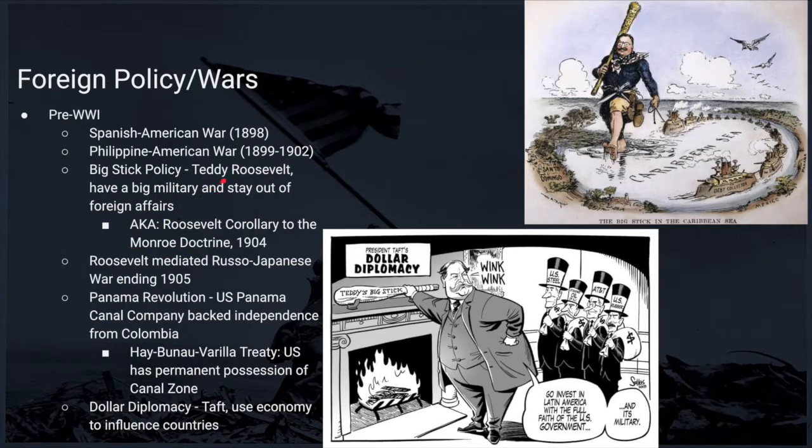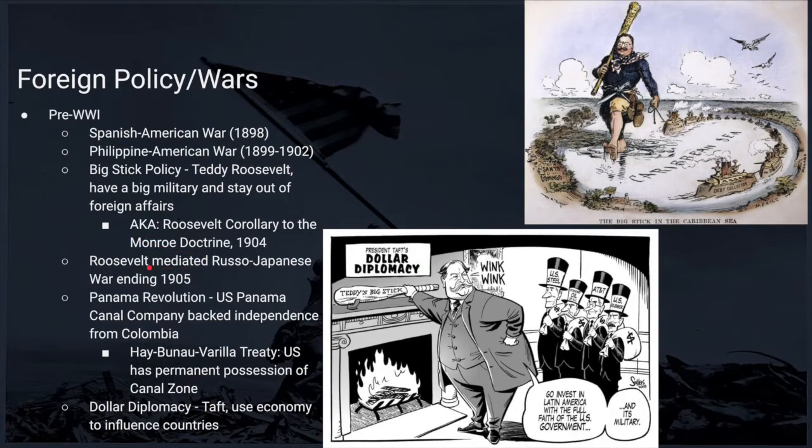But now, Teddy Roosevelt is going to have the big stick policy, where he is going to use the new American industrial power and new military to kind of tell Europe, hey, I got this big stick, and if you come mess around in South America, the Western Hemisphere, you're going to get hit with this big old stick. So know about that change in foreign policy.